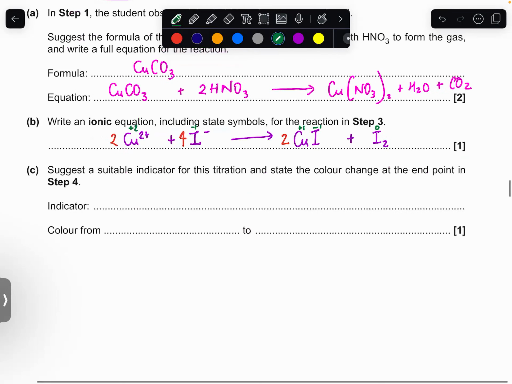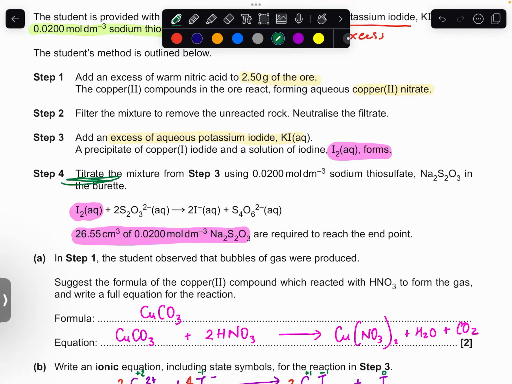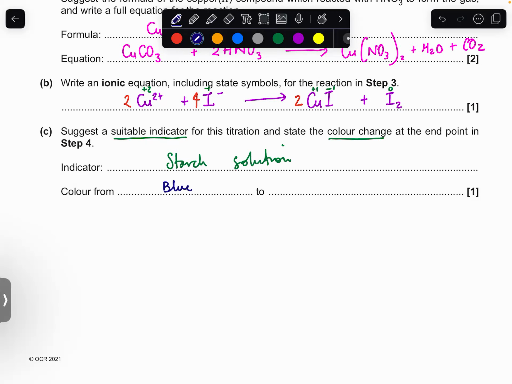Suggest a suitable indicator for this titration. State the color change. You see, when you've got iodine in step 4, that is the titration. And so the indicator that we use is going to be starch solution. And what does the starch solution go to? It goes from a blue, or a very dark blue.